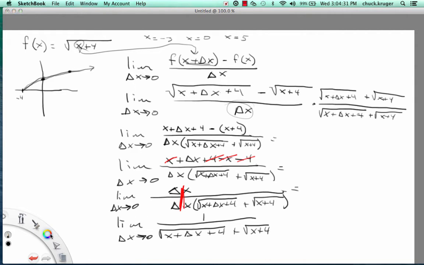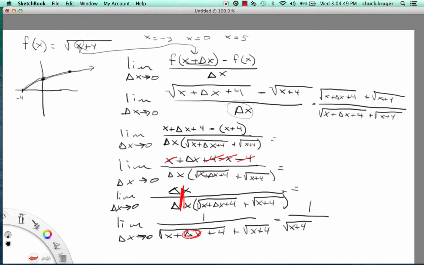Now my limiting process, what's going to happen is I'm going to have substitution, and this value right here is going to go to 0. I'm going to substitute 0 in there, so that when I take the limit, I'm going to have 1 over the square root of x plus 4.